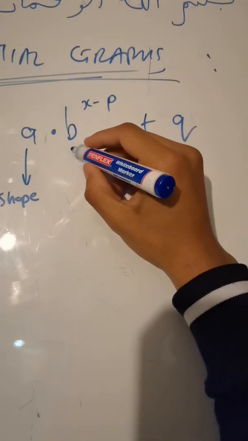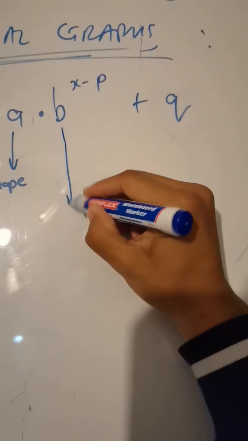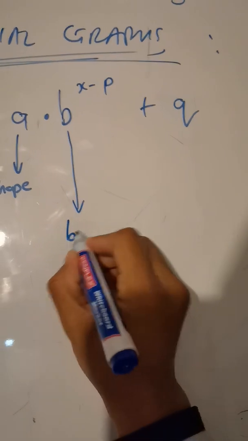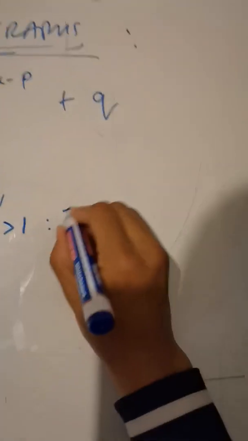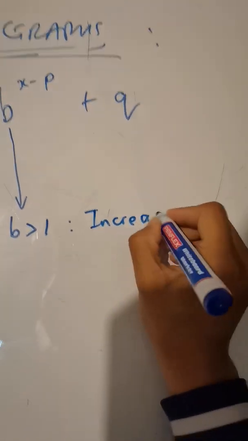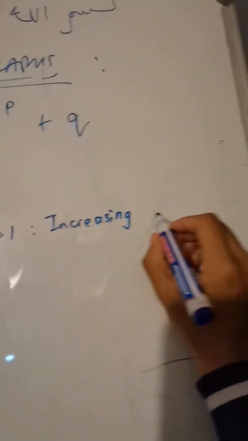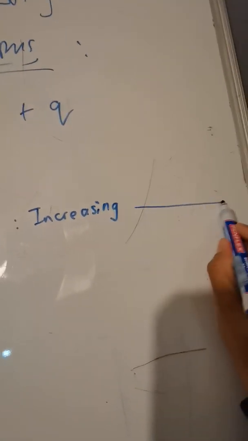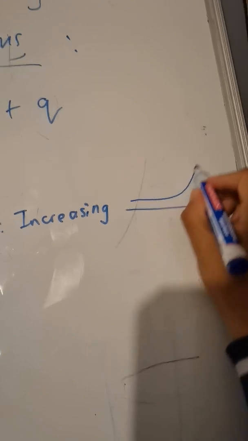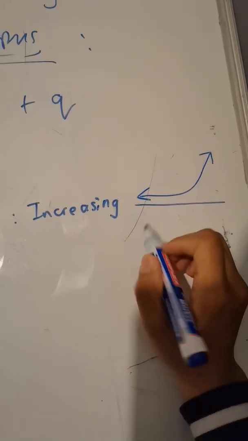The b value tells us something very important. If the b is more than 1, we have an increasing graph. And let's say that's the asymptote, for example, and this is how an increasing graph looks like.